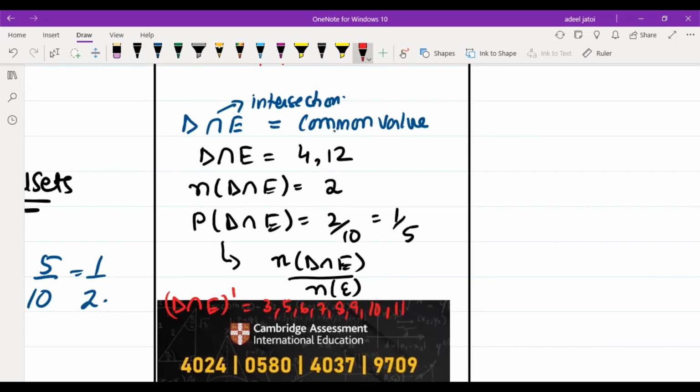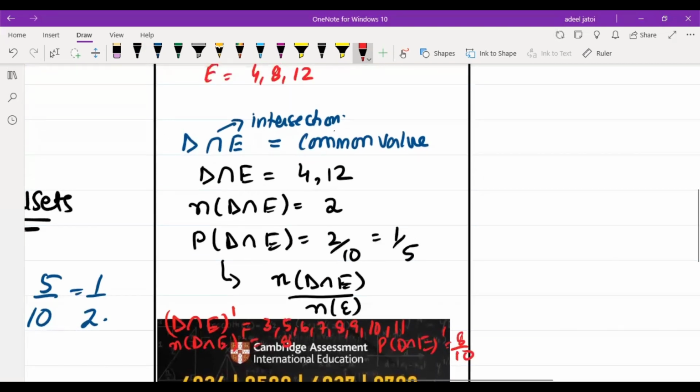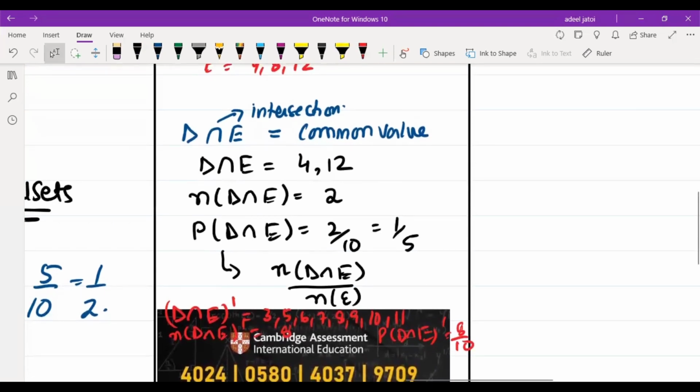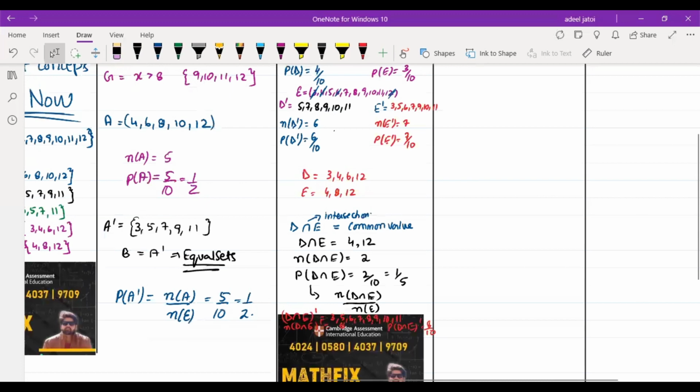How many in total? That means N of D intersection E complement will be 8, and the probability will be 8 upon 10. So this is normal for the intersection, where we take out the common values between two or more sets.